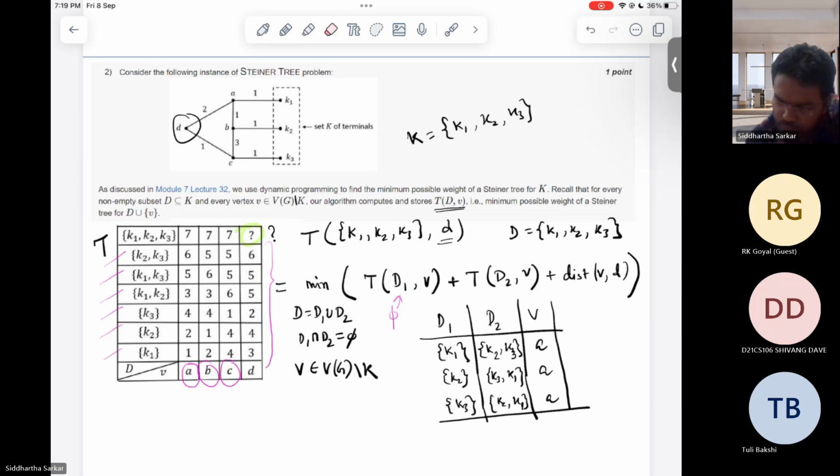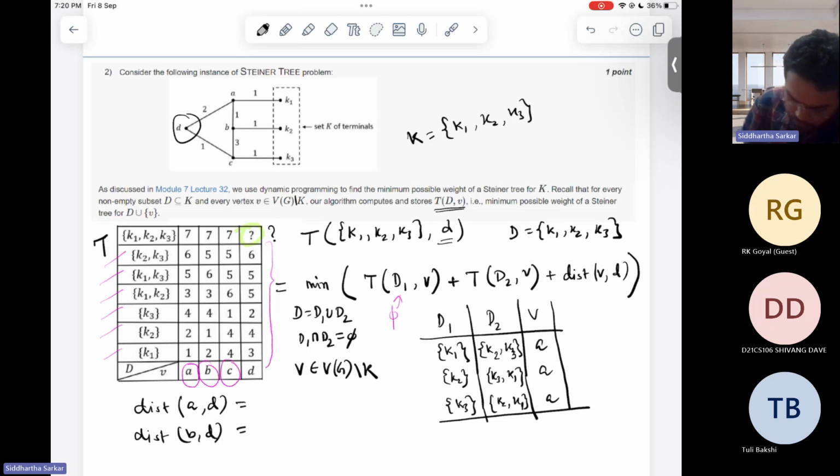Now we just have to look at the pairwise distances of D with the non-terminals. So let us compute the distances. Distance of non-terminal A with D is what? Distance of non-terminal B with D is what? We are looking at the shortest path distance.